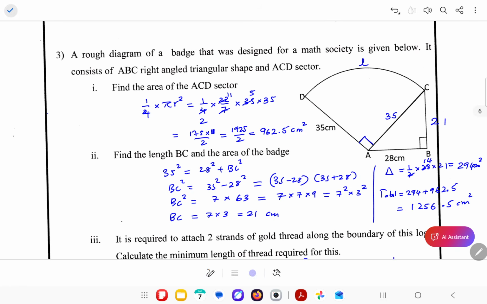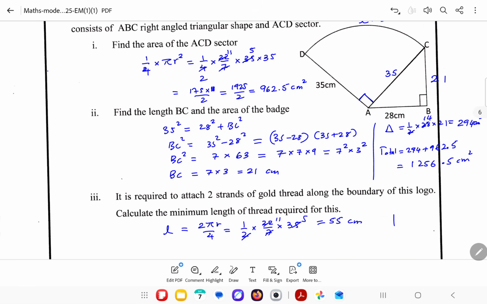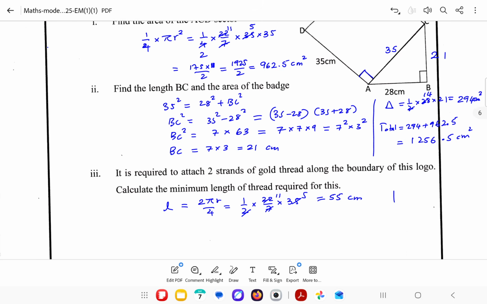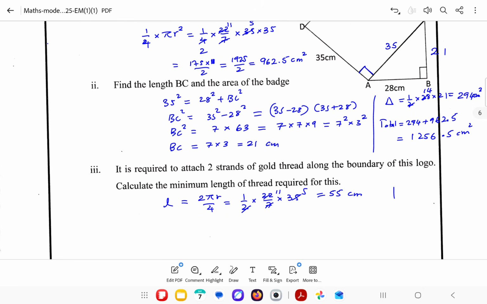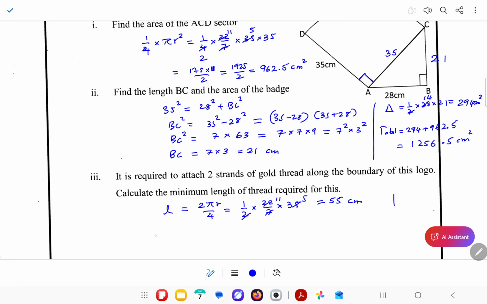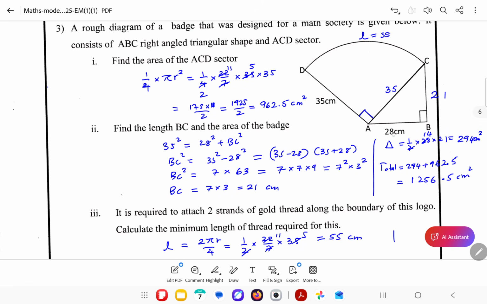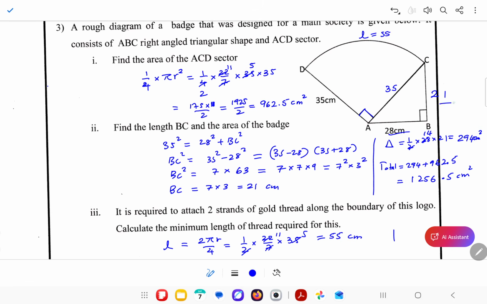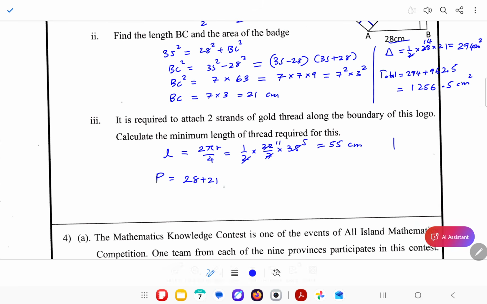Right. So we found that. Now it is required to attach 2 strands of gold thread along the boundary of this logo. So what is the perimeter? Let's find the perimeter first, which is 28 plus 21, this one plus this one, plus 55 and 35, plus 55 and 35.